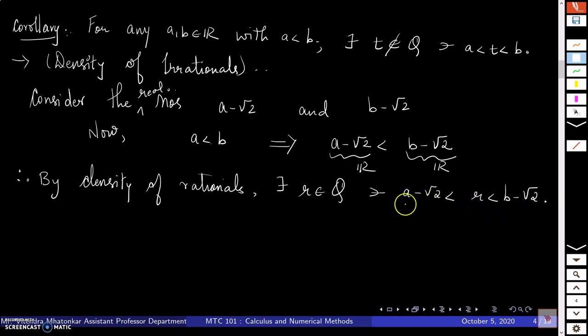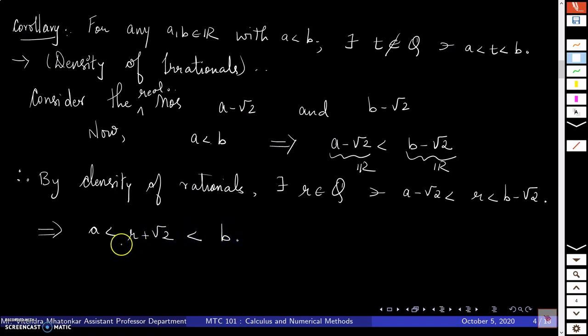Now to this inequality I'll add root 2 throughout. That will give me a is strictly less than r plus root 2, and that is strictly less than b.